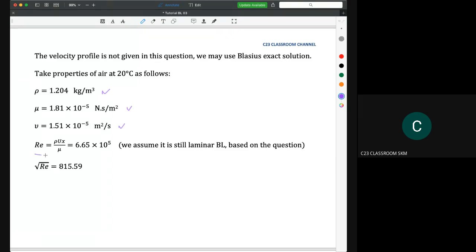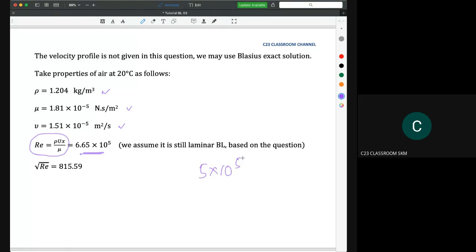If you calculate the Reynolds number, you will find that it is 6.65 times 10 to the power of 5. Normally we assume that 5 times 10 to the power of 5 is the critical Reynolds number, which is the transition between laminar and turbulent. But in this situation, maybe the surface is very smooth, so the transition is a little bit late. So maybe with 6.65 times 10 to the power of 5 it is still laminar.